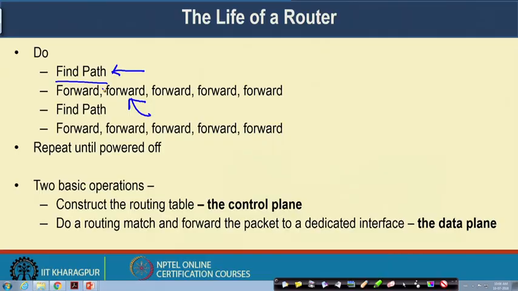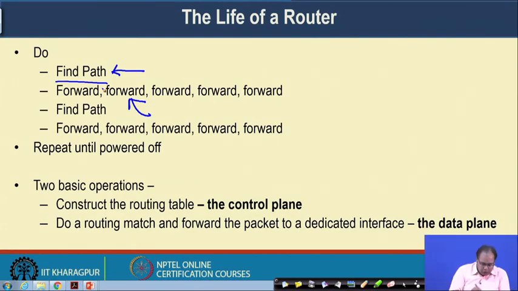Accordingly, we have these two basic operations: construction of the routing table to find out a path, which part of the router we call the control plane of the router, which controls the entire forwarding mechanism, and then doing a routing match and forwarding the packet to a dedicated interface. That part we call the data plane part of the router.